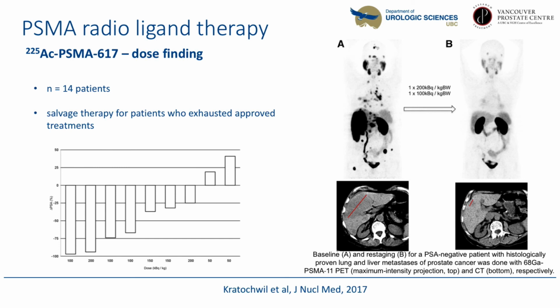What you can see on the left are the scans of one of the patients who received actinium. This was actually a patient that did not have PSA in the beginning, so metastasis was diagnosed by imaging, and you can see, quite amazing, again only temporarily limited, that nearly all of the metastasis is gone.